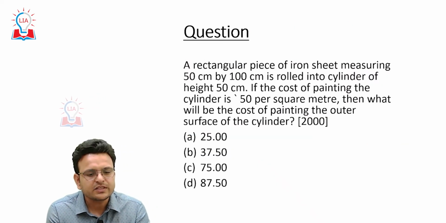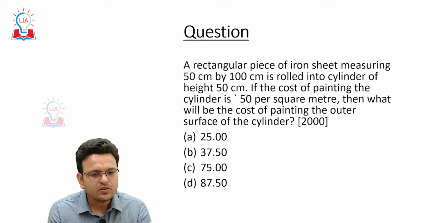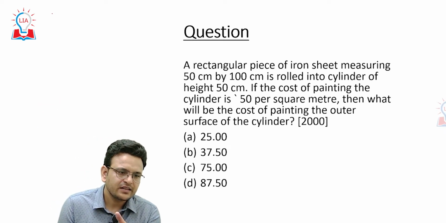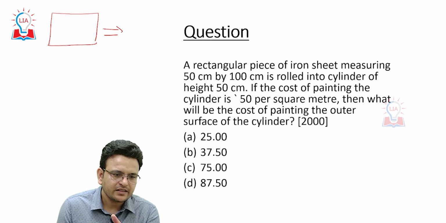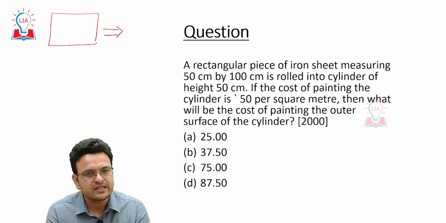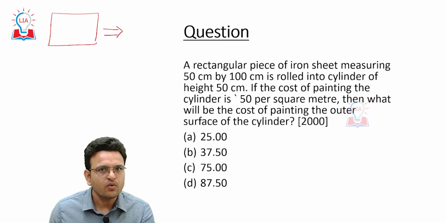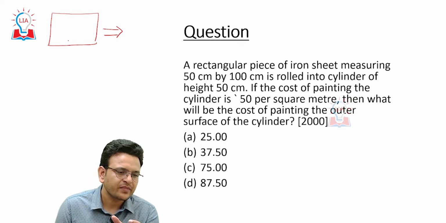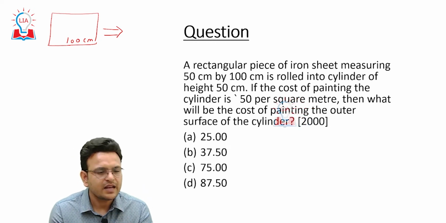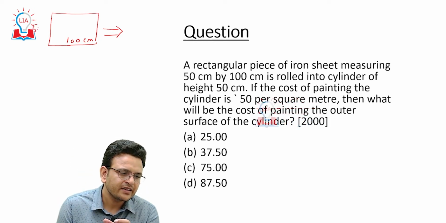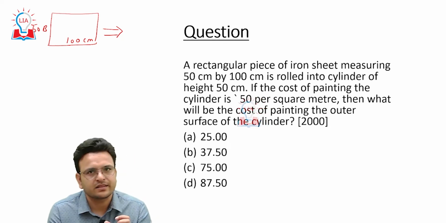Now come to this particular question. In this question, a rectangular piece of iron sheet is converted into a cylinder. Consider this is the rectangular sheet of iron. It means we can fold a rectangular sheet. Here we have 100 centimeter as length and 50 centimeter as breadth.